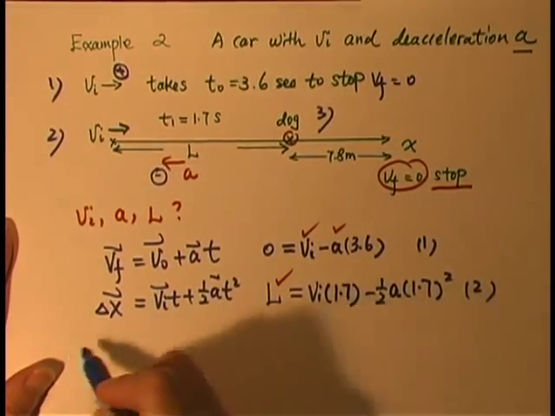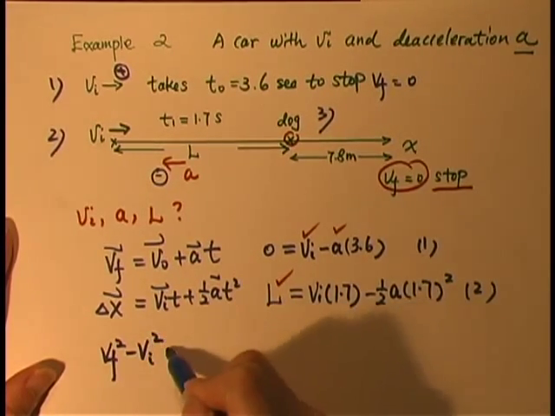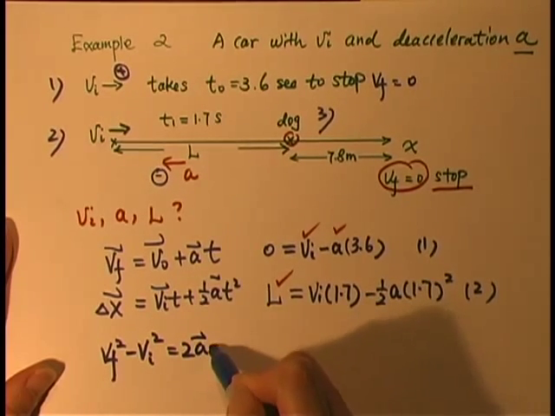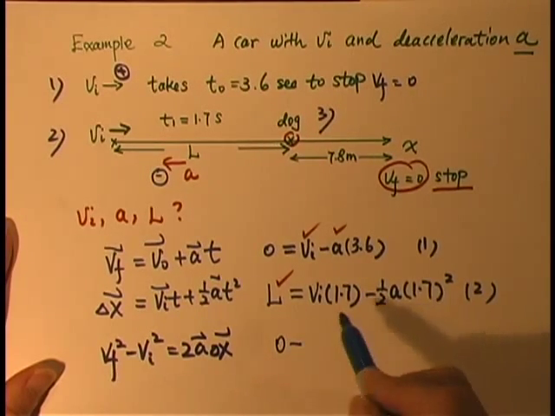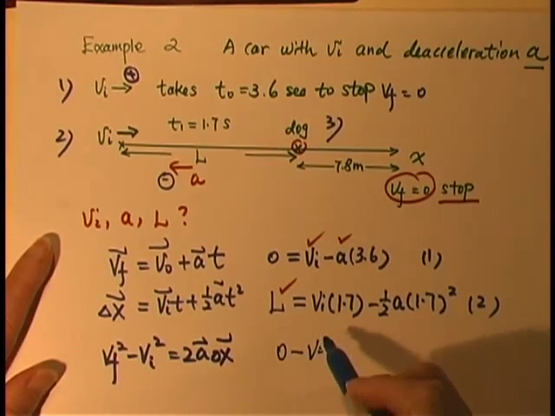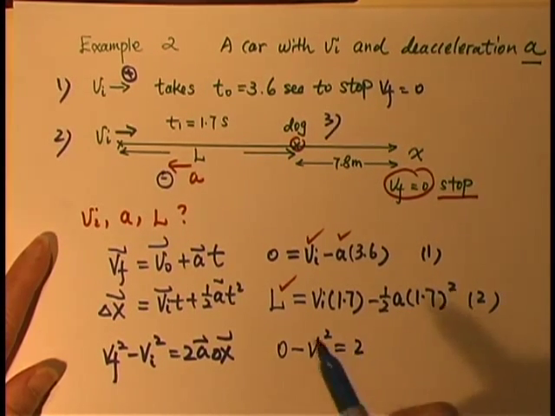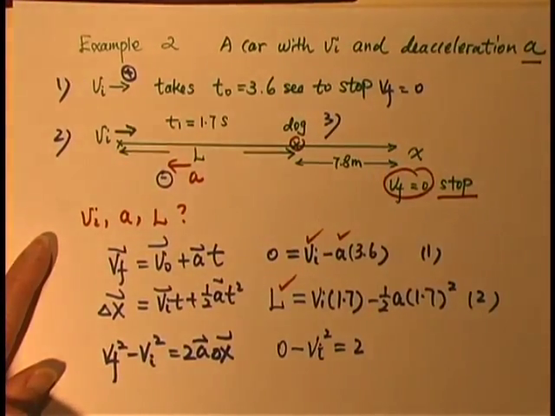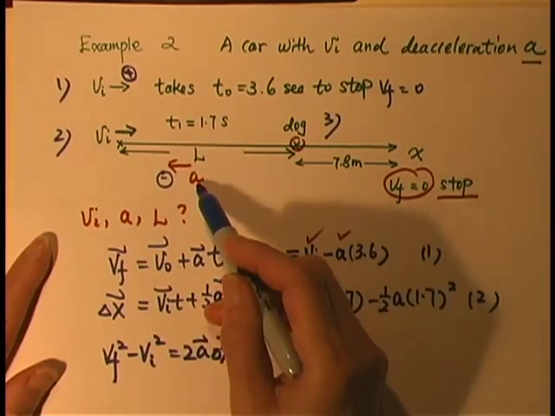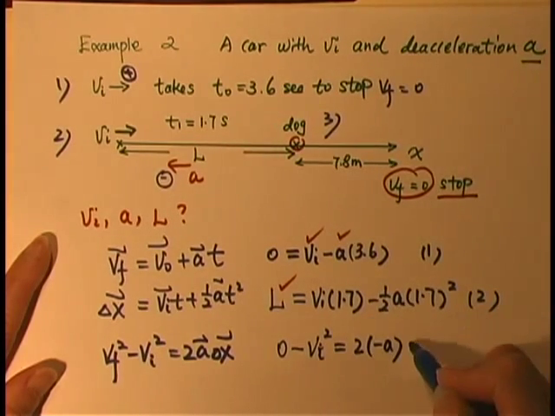So we can apply V final squared minus V initial squared equals 2a delta x. Final is 0, initial is V initial, but don't forget squared, equals 2, be careful, the entire L plus 7.8 meters, and the acceleration is the deceleration, that's why it's negative a, and delta x is L plus 7.8, positive.